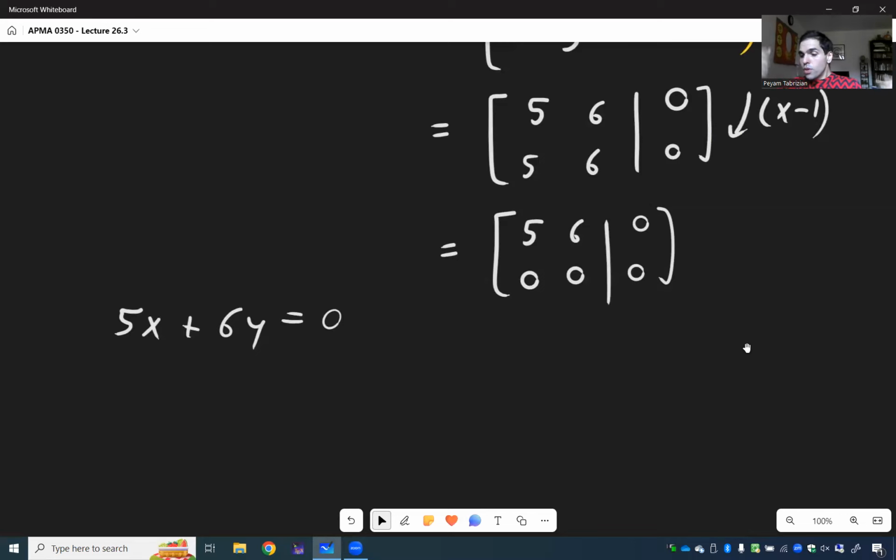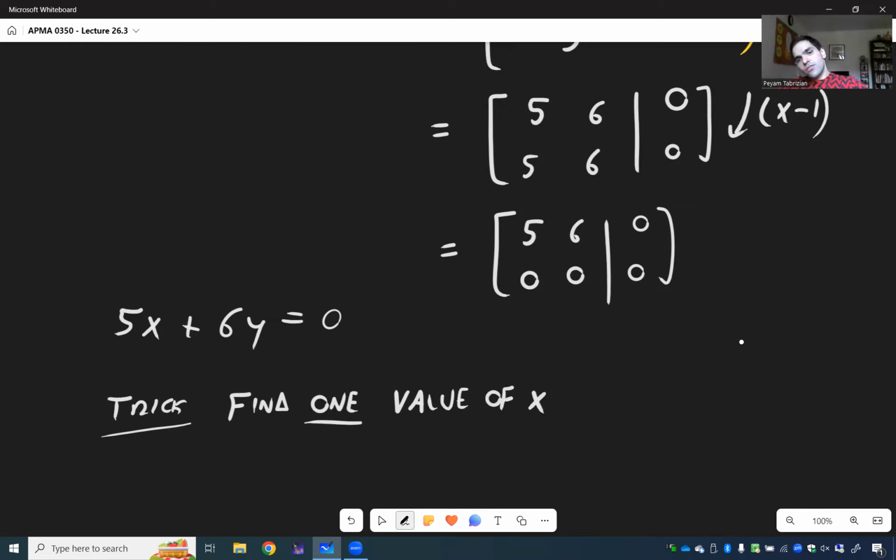But here's a cool trick. Since we only need to find one eigenvector here for the eigenvalue, it's okay to guess values of x and y that work. So trick: find one value of x and y that works, and I'll tell you a recipe soon.